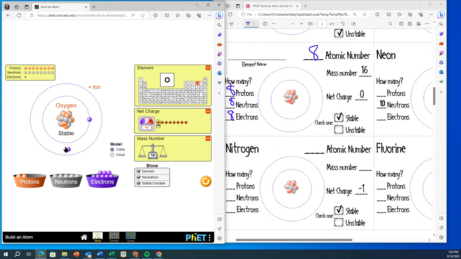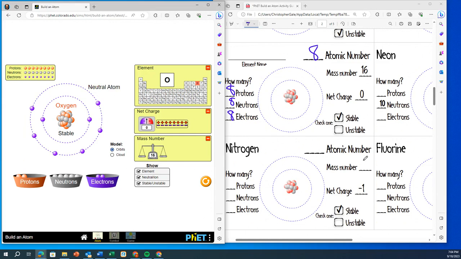So I'm going to put 1, 2, 3, 4, 5, 6, 7, and 8. Neutral atom, 0 net charge, 16.